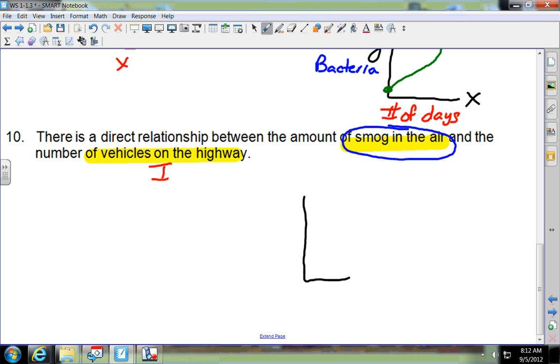Take a second right here, if this was my axis for my X and my Y, and label them where you think they would go.